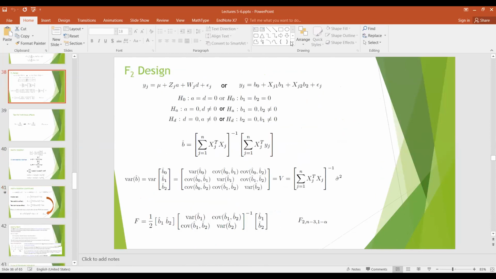Then we can use this linear model to describe the relationship between the phenotypic value and the two possible genetic effects, the additive and the dominance. Actually, we translate this genetic problem into a statistical problem. So we use this linear model to help us test these two major effects, right?